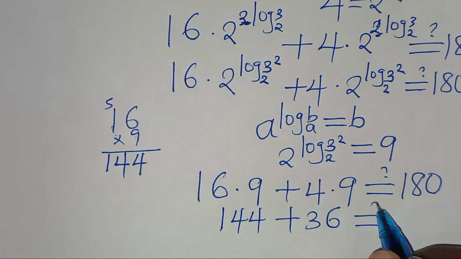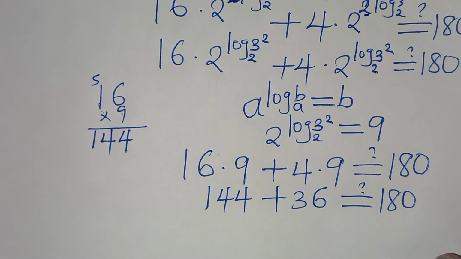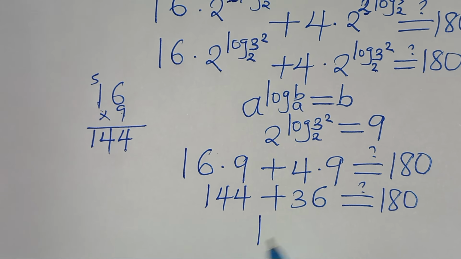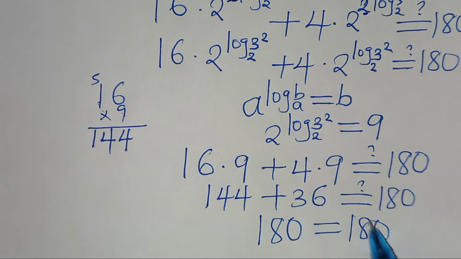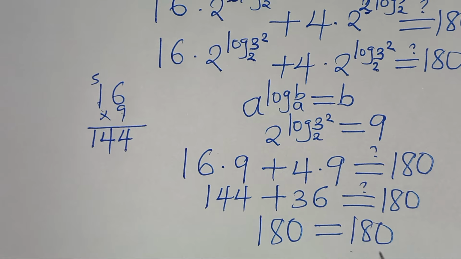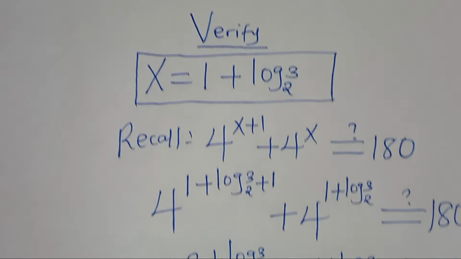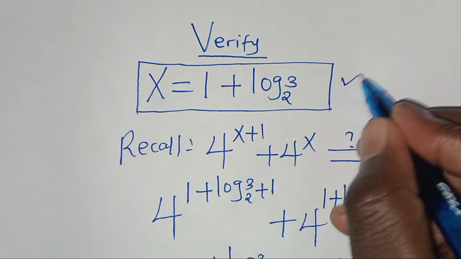This should give us a value of 180. So 144 plus 36 is equal to 180, which is equal to 180. So the left hand side is equal to the right hand side. And this implies that the value of x here, which is 1 plus log 3 to base 2, actually satisfies the equation.